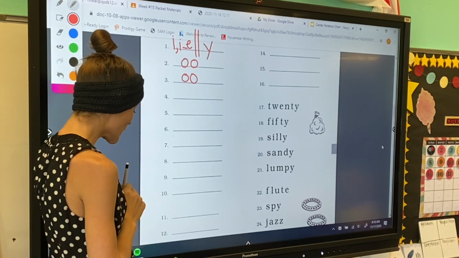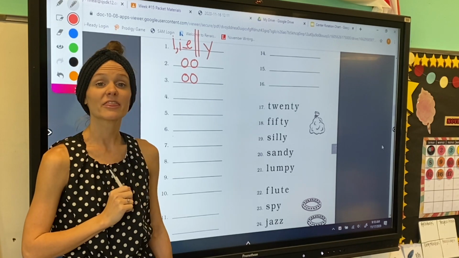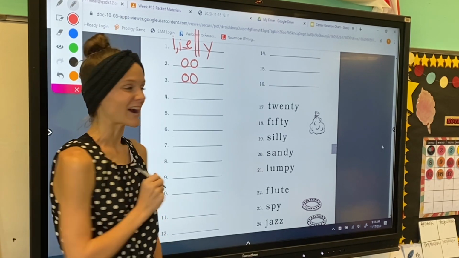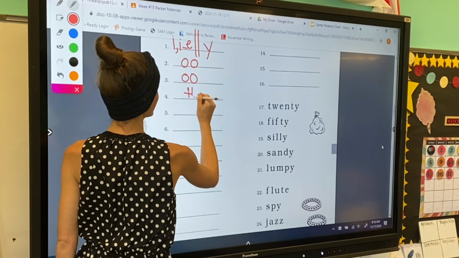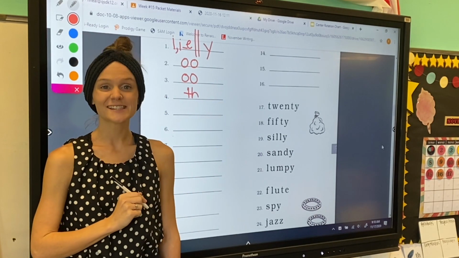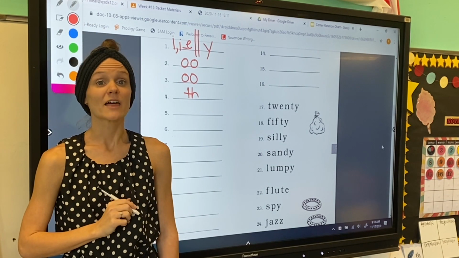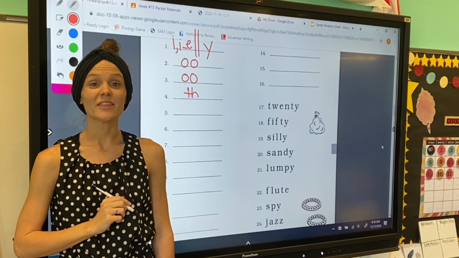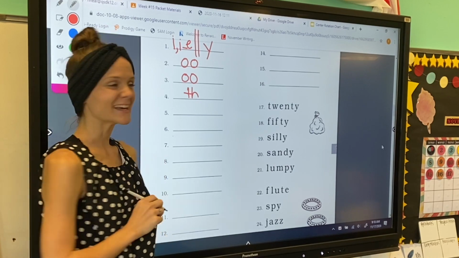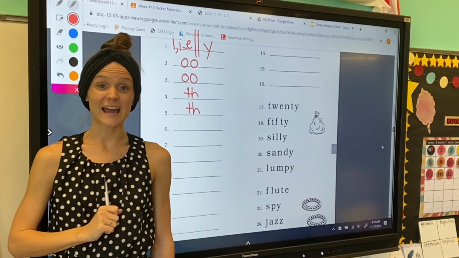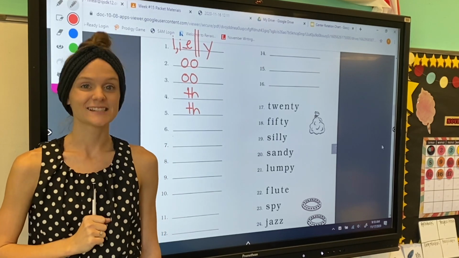For number 4, my letter sound is th. The digraph TH makes the th sound. For number 5, my letter sound is the. Again, the letter T and H form the digraph that makes the sound.